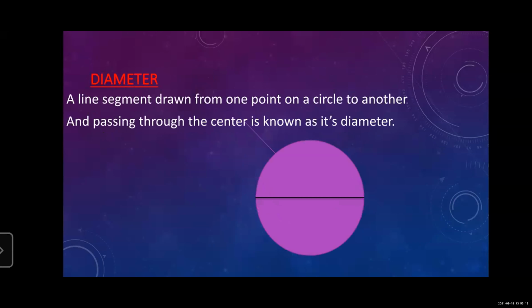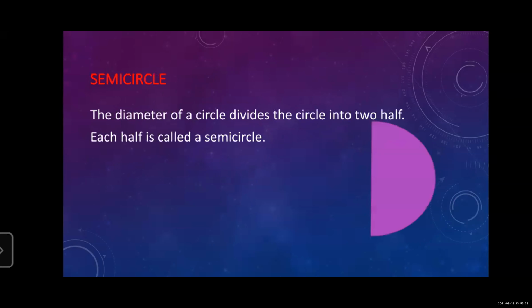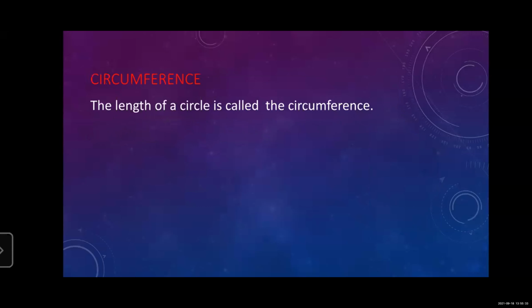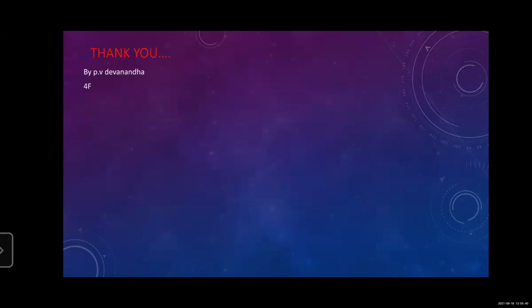A line segment drawn from one point on a circle to another and passing through the center is known as its diameter. Semicircle. The diameter of a circle divides the circle into 2 halves. Each half is called a semicircle. Circumference. The length of a circle is called the circumference. Thank you for listening to my seminar.